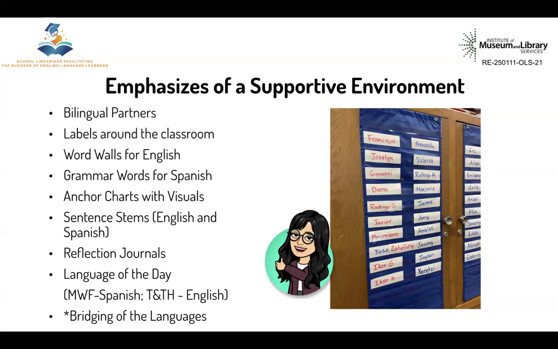Word walls for English was something that was very emphasized in the classroom because there's just so many rules to the English spelling continuum. And so we needed to ensure that word walls for English words were present.